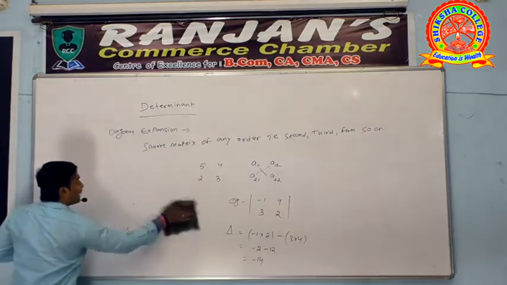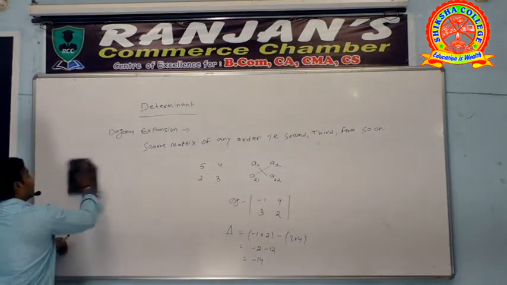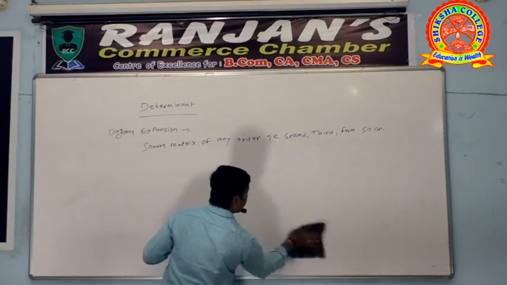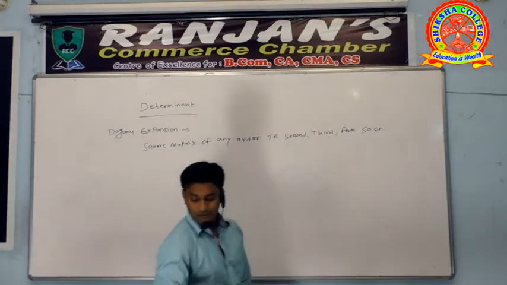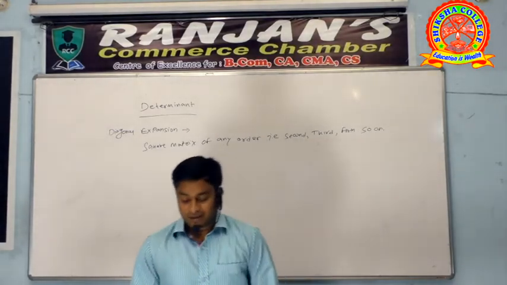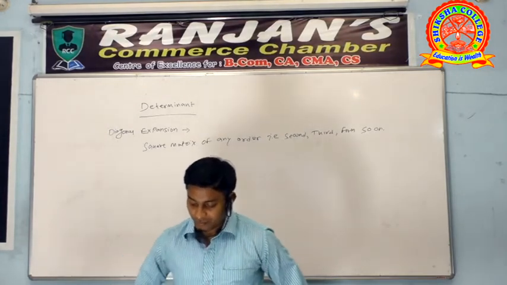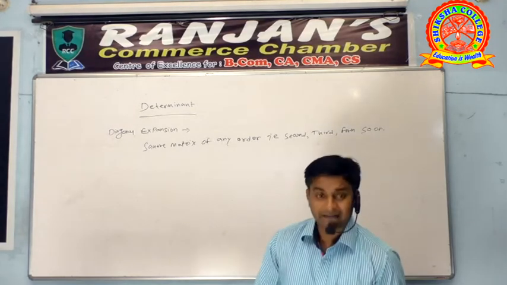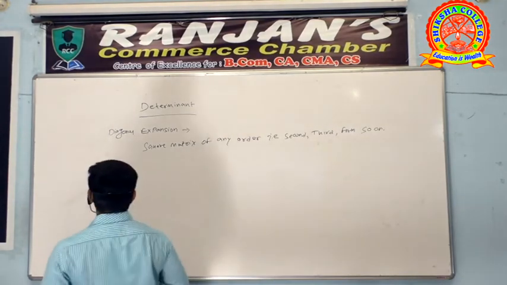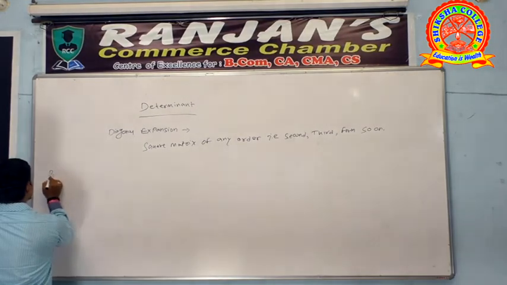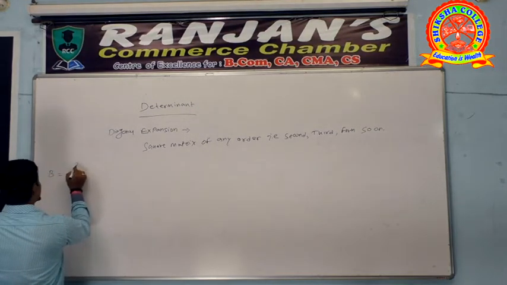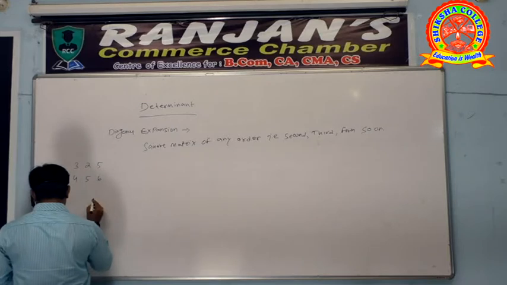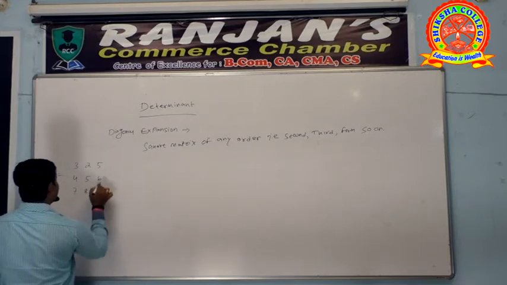So now I am going to third order. Okay, third order now. We have a matrix given: let B be equal to 3, 2, 5, 4, 5, 6, 7, 8, 9.